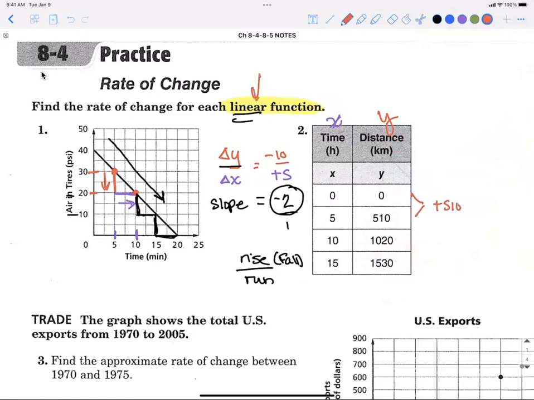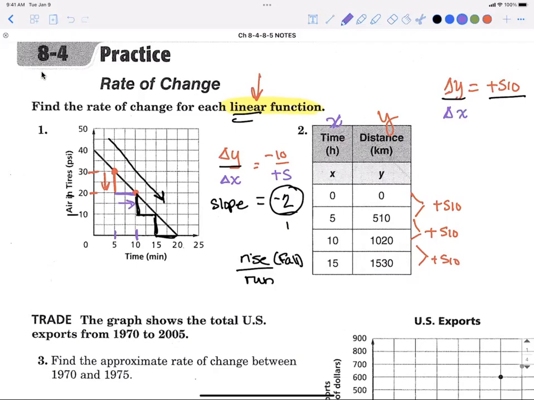And because it's linear, I know that every one of these is going to be a plus 510 because linear means constant. So plus 510. So my change in Y, and you don't have to write this triangle thing every time, I'm just doing this to show you my thought process, my change in Y was plus 510 over my change in X.